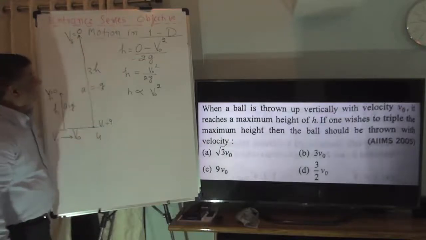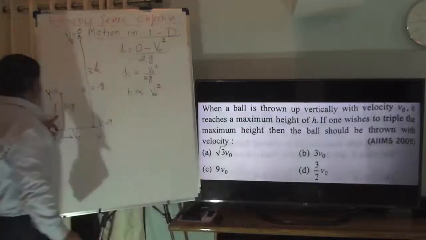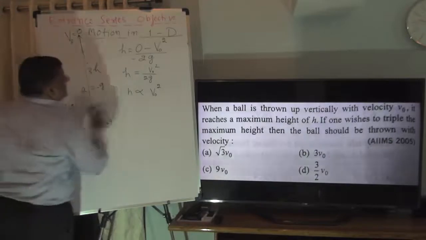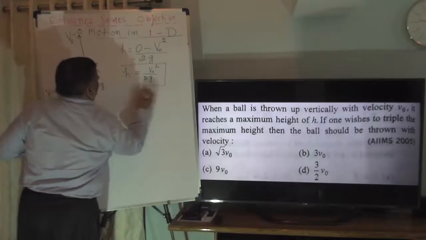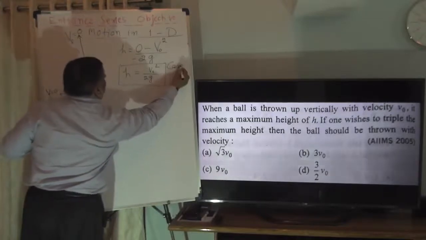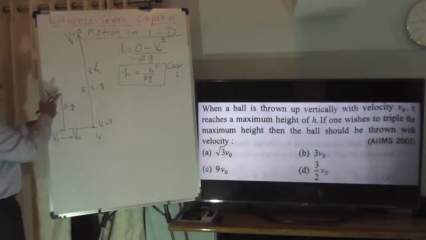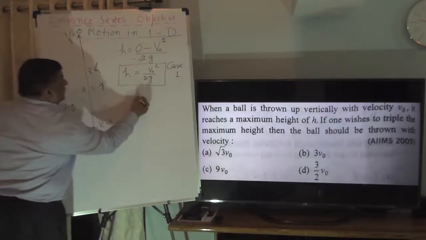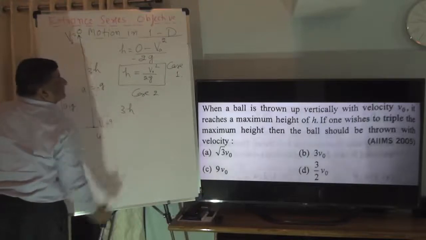Okay, let's do it the other way. In this case the height was h and this is our formula. Case 1: height is h, initial v naught, final 0. Case 2: height is 3h.